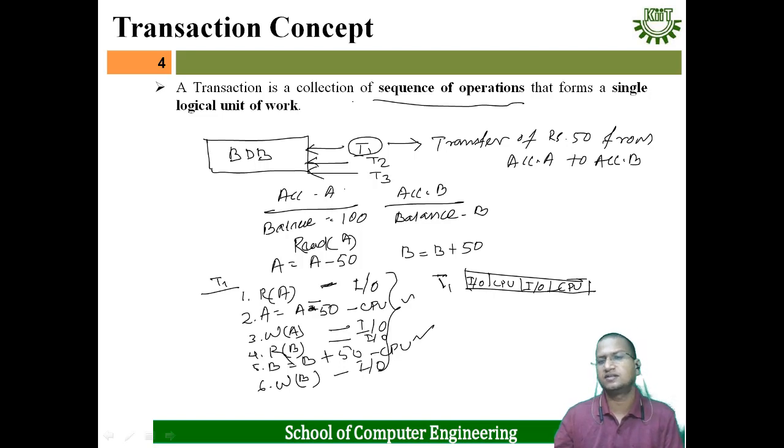In this way the transaction T1 executes, and whenever T1 is executing an IO bound operation, at that moment the CPU is idle. That's why if multiple transactions T1, T2, T3 are executed sequentially, T1 first, then T2, then T3, it will be a time consuming process and it will take more time.